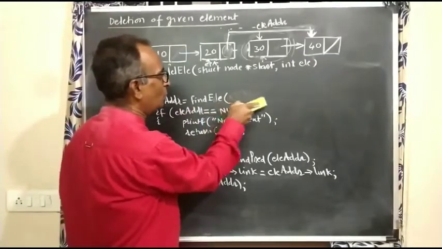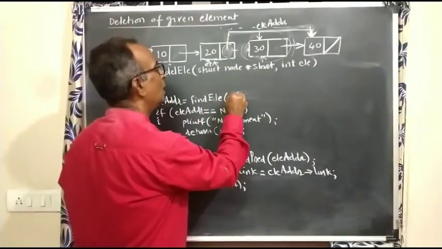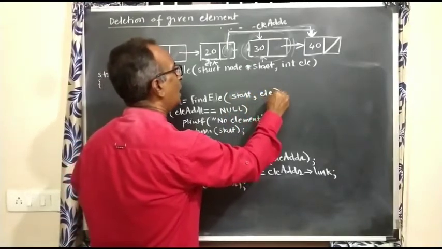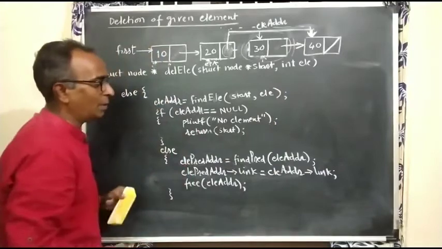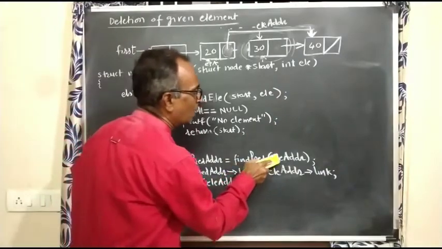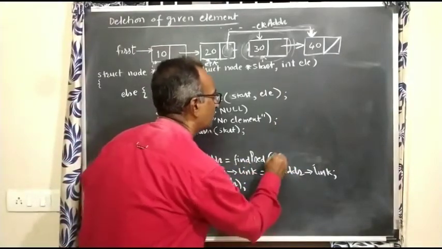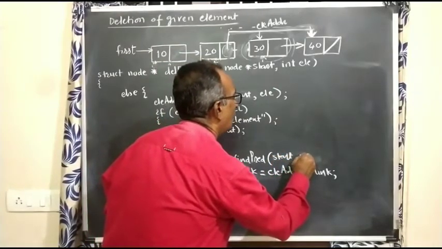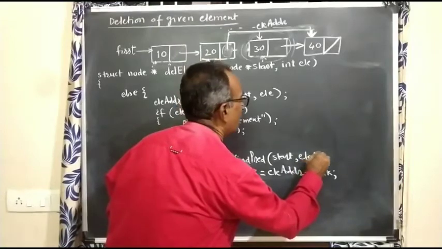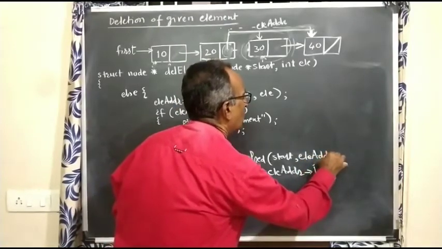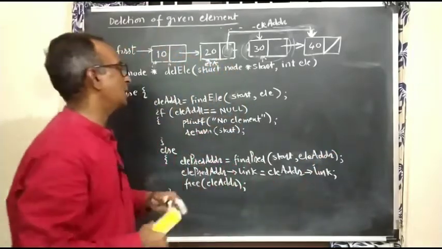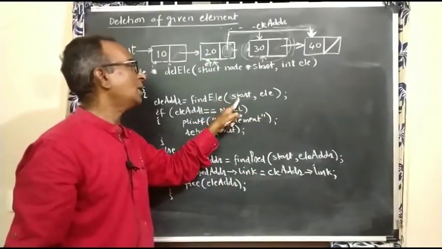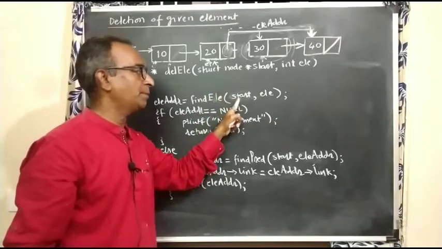Find element. Now which list is it finding in? So you have to send the list also. In start, this element you are searching, two parameters you have to give. This start and this element address. Now what will be the signatures, that we will see. Find element in this linked list, this element. Start is struct node pointer.